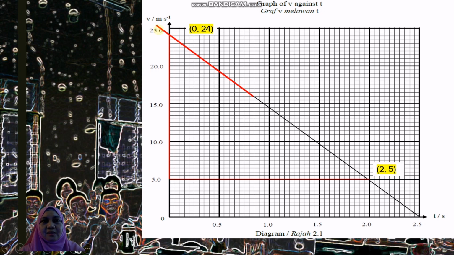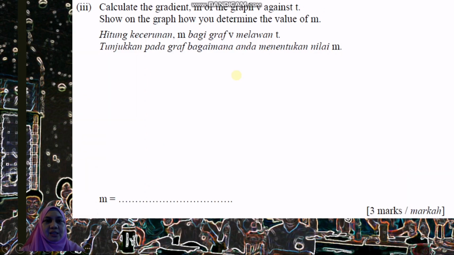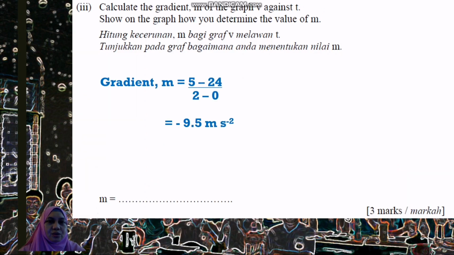Then, these are the 2 points along this line which we refer to in determining the gradient. So substitute the values into the formula where m equals y2 minus y1, which is 5 minus 24, divided by 2 minus 0. So the gradient is negative 9.5 meter per second squared.